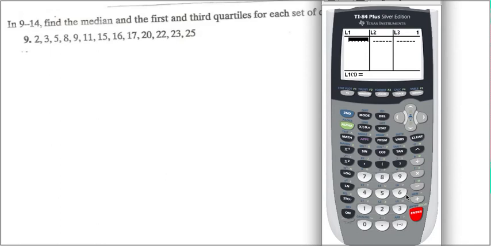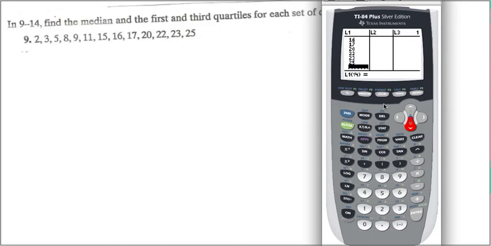Let's plug in those values once again. 2, 3, 5, 8, 9, 11, 15, 16, 17, 20, 22, 23, 25. Alright, it seems like we have 13 numbers. Everything seems to be okay.